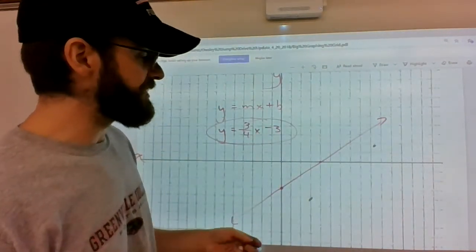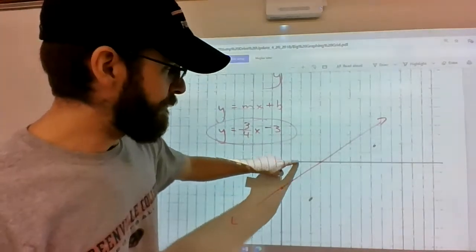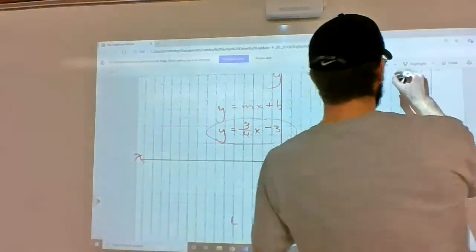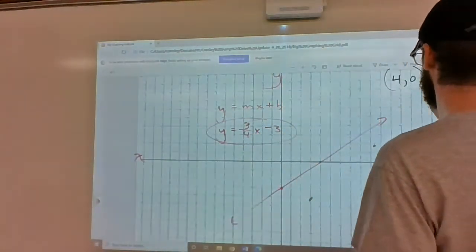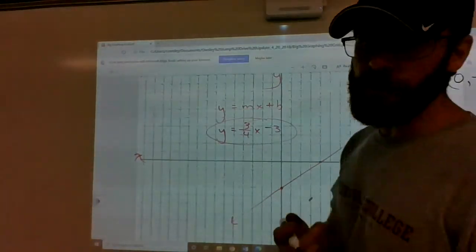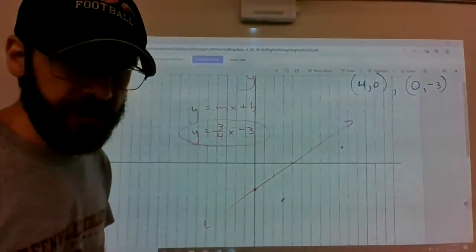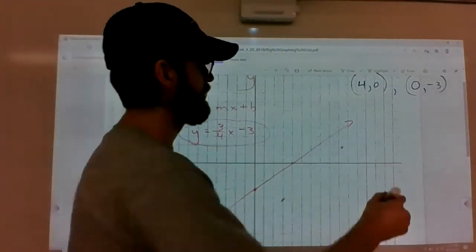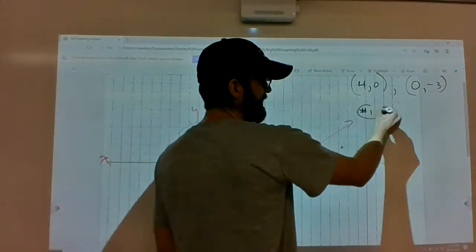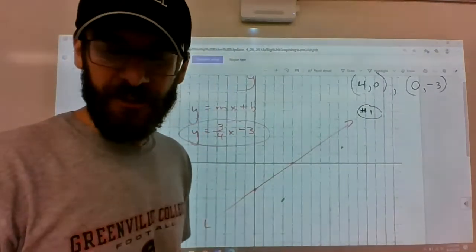The other way to do it is to say, we're writing the equation of a line that passes through the points 4, 0, and 0, -3. And if they do that, then you can just run it through the normal procedure. Step 1, find the slope, which, by the way, there's another way besides the formula.